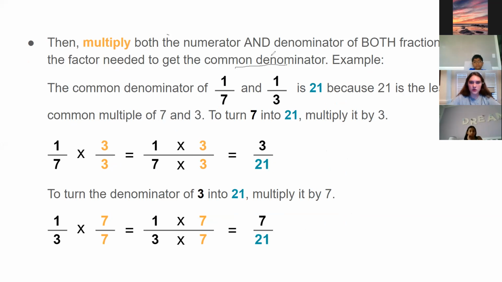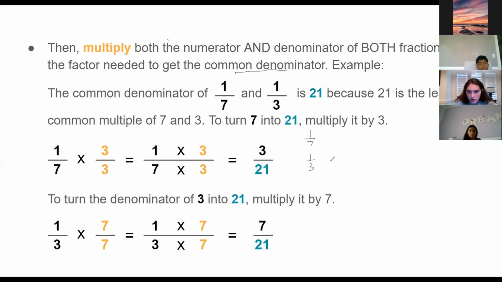Then multiply both the numerator and denominator of both fractions by the factor needed to get the common denominator. An example would be the common denominator of 1/7 and 1/3 is 21, because 21 is the least common multiple of 7 and 3. So what they're basically saying is 1/7 and 1/3.